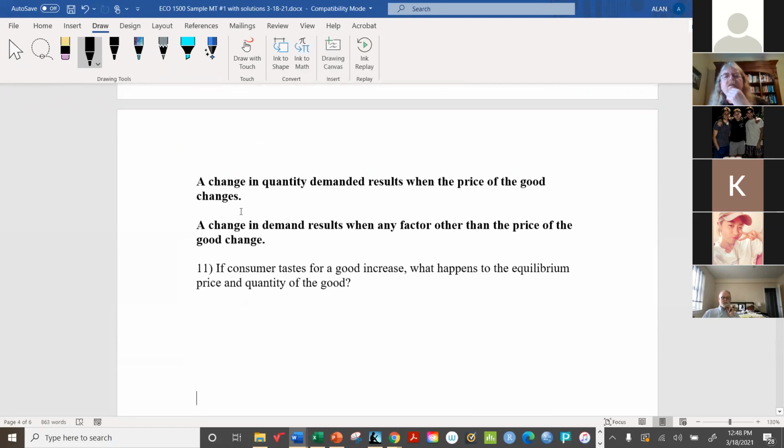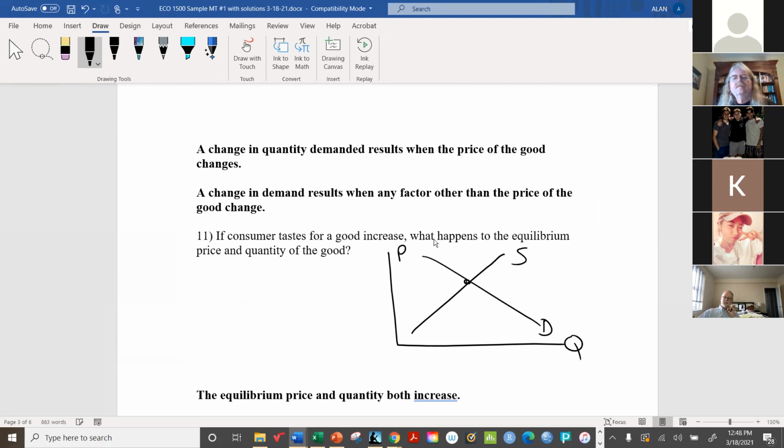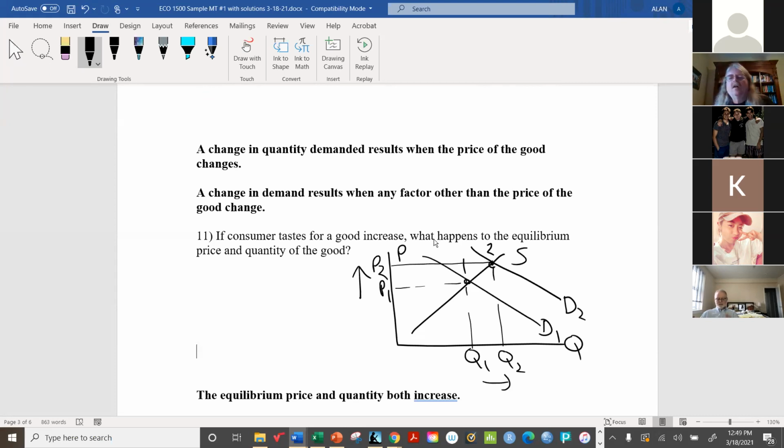Wow, that's really annoying. All right, so I just wanted to quickly show what happens when there's an increase in the demand. So this is an increase in demand.